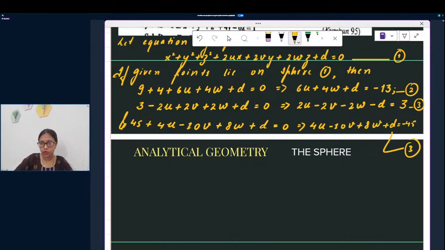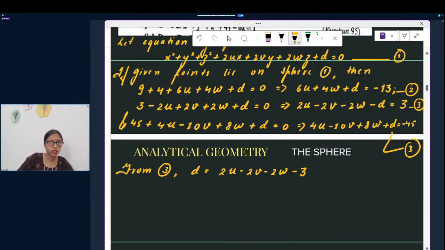So here let's eliminate d first. What will be the value of d? Let's find d from 3. So from 3, d is equal to 2u minus 2v minus 2w minus 3. Use it in 2 and 4.